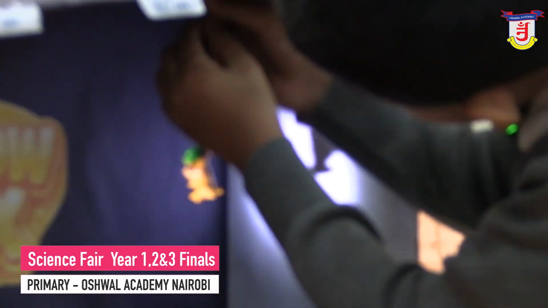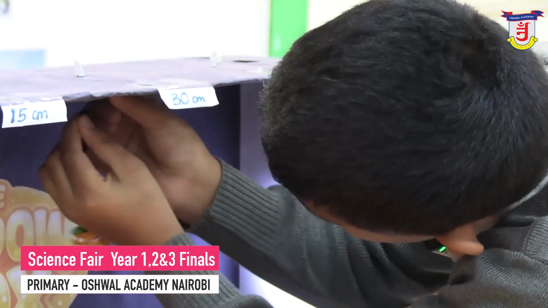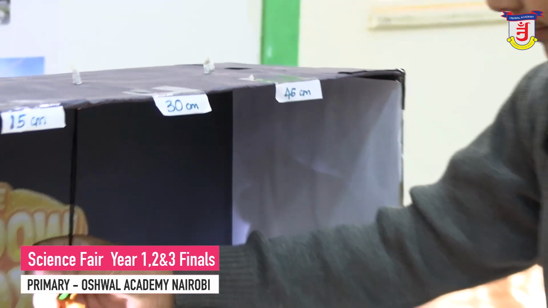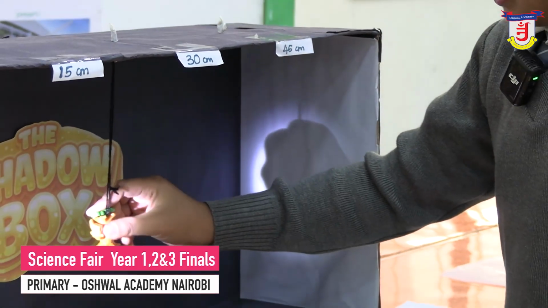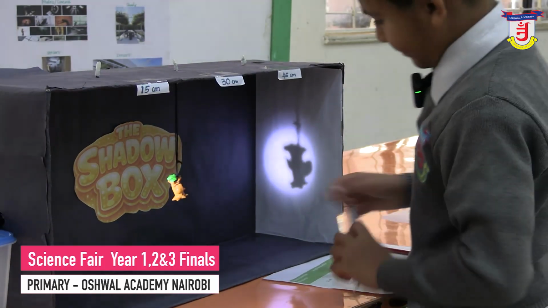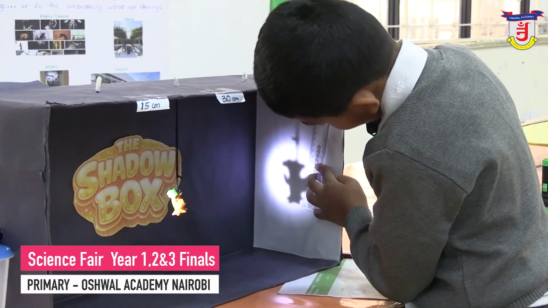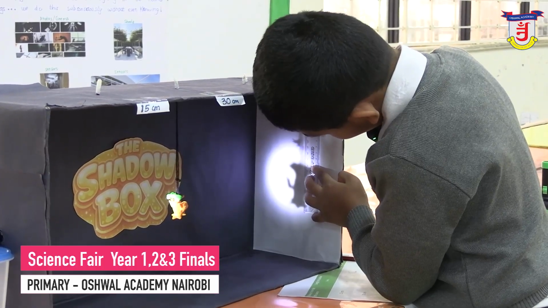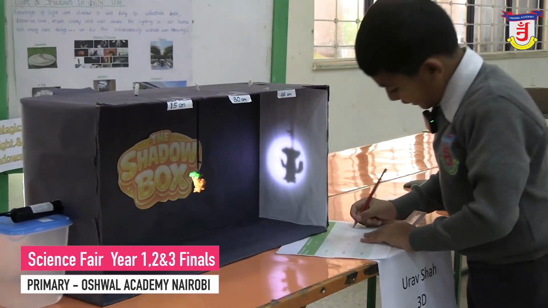Let's move it to 30 centimeters away from the light source. As you can see, the shadow is already bigger, but we're still going to measure it. It's approximately 8 centimeters.